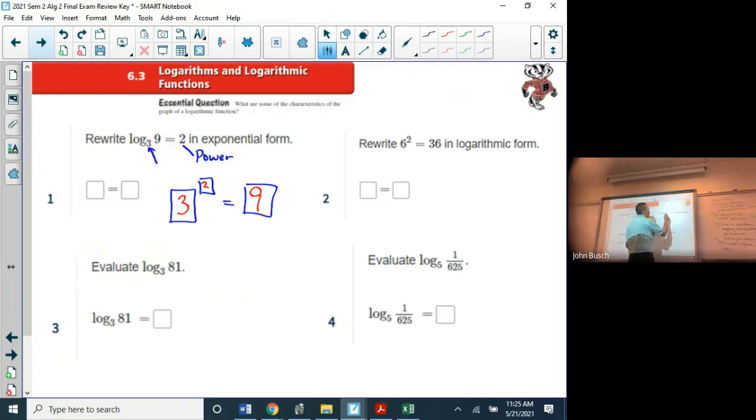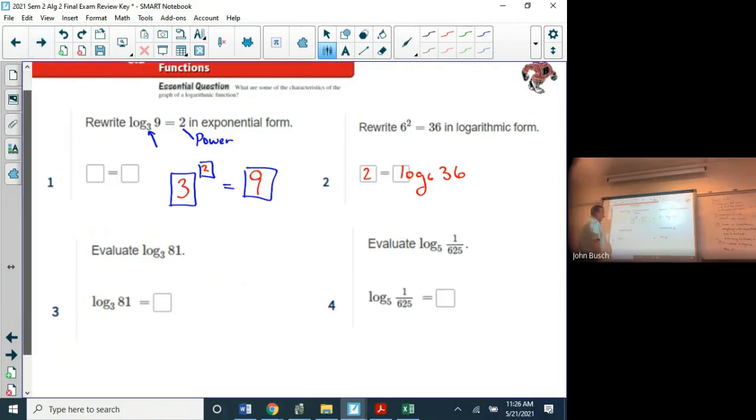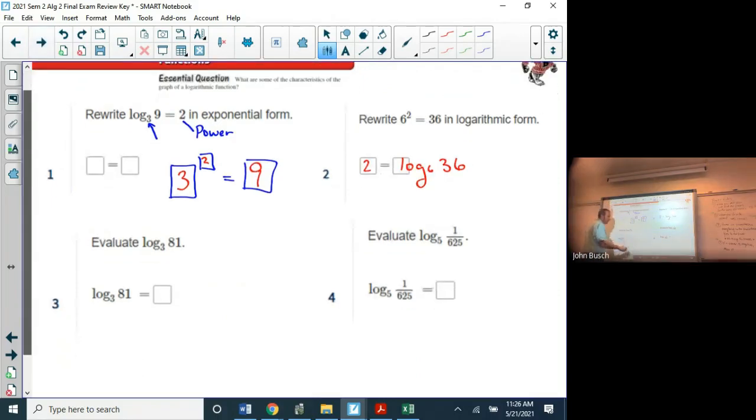Now we're going to rewrite this as a log. Remember, power equals log. So 2 equals a log. And there's 2 numbers you have to fill in the log. The base, which is 6, and the number you're evaluating the log of, and that's 36. Evaluate this. You can grab your calculator to do it, or if you know what a log is, we can just peel that 3.